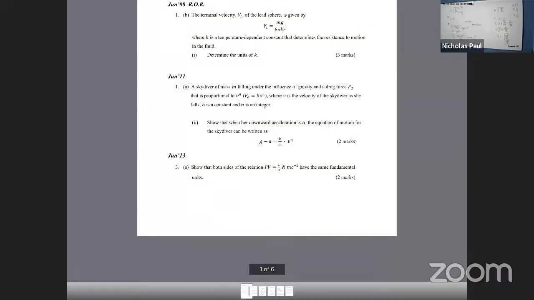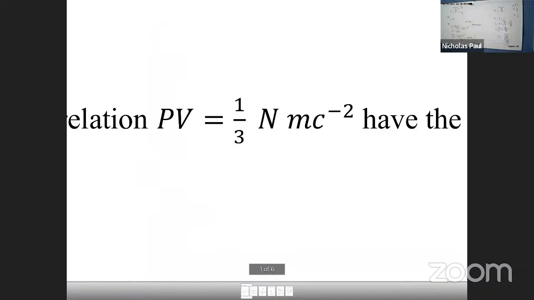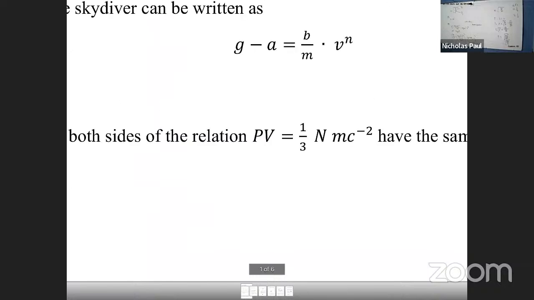Right. This one here, check and see if they are the same fundamental units. You might not recognize all the quantities because this is modern tree, right? P is pressure. V is volume. N is a constant, it's number of particles. You're going to ignore that, right? M is mass.